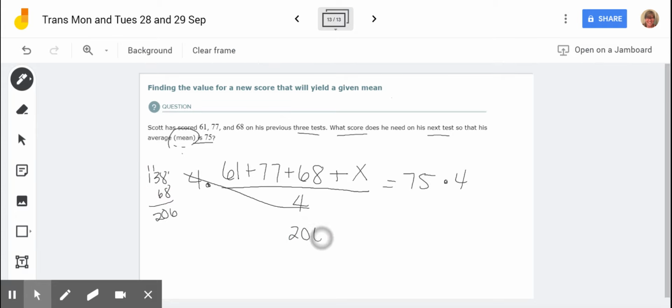So 206 plus X equals 75 times 4, which is 300. Then you subtract 206. So Scott has to score a 94 on that test in order to average 75.